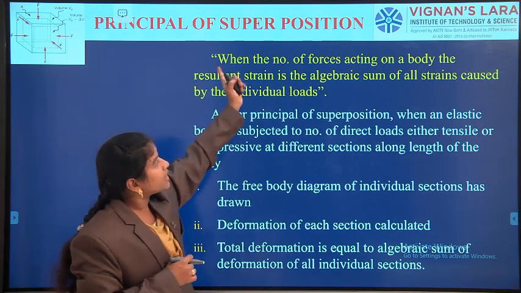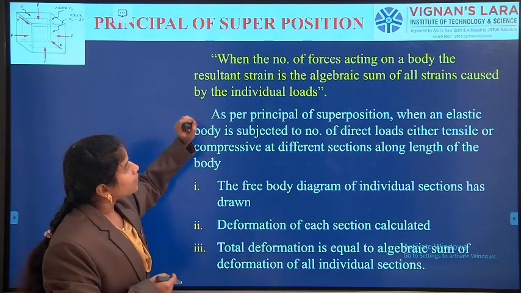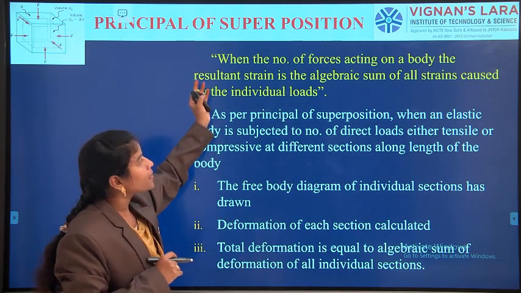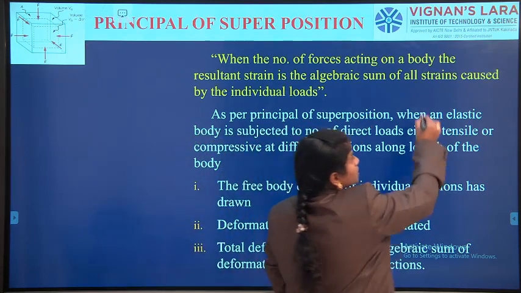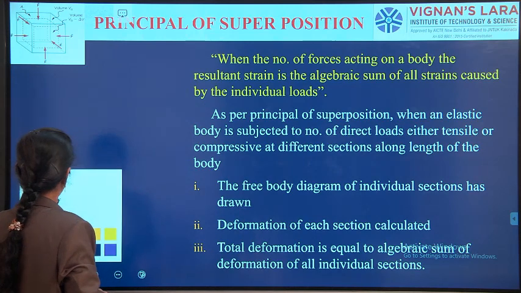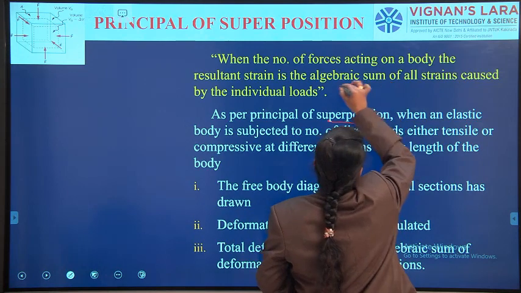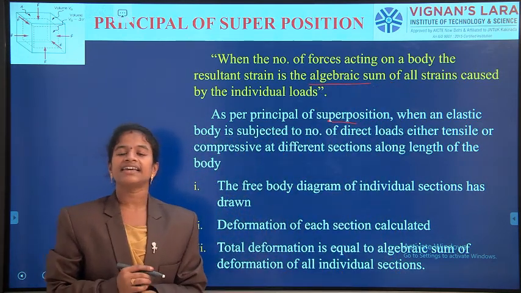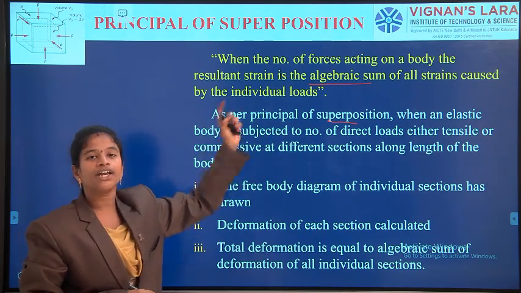Read this. When a number of forces, so many forces, are acting on a body, the resultant strain is the algebraic sum of all the strains caused by individual loads.